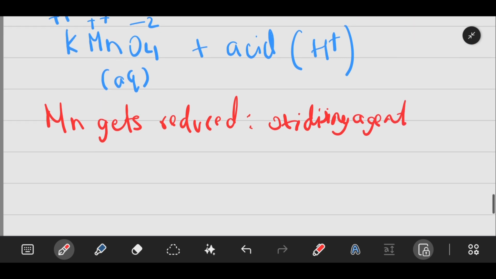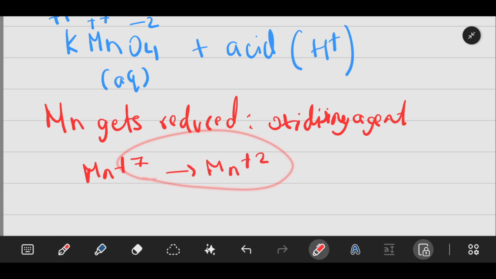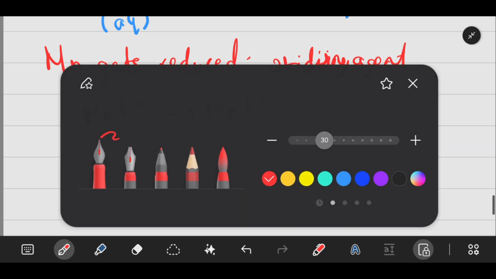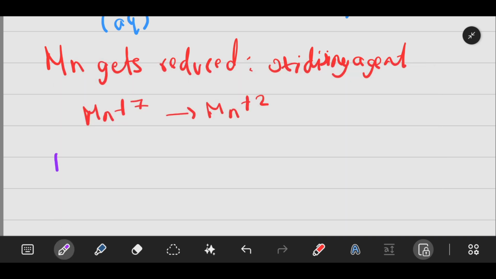Now you do not need to remember this, but manganese gets reduced from a +7 to a +2, so a decrease in oxidation number, so it is decreasing, it is being reduced. So here, when manganese is a +7, it has a purple color, right?